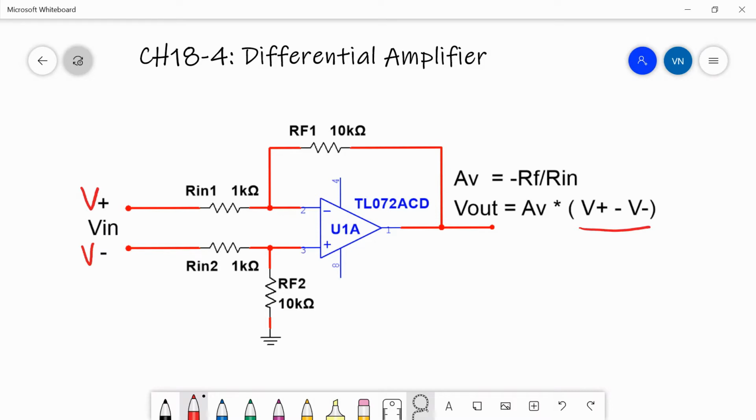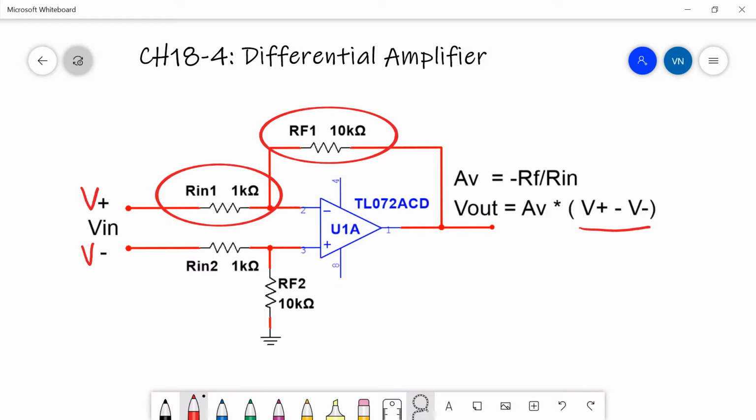The gain factor is determined by the resistors. To figure out the gain, you take one of the feedback resistors and divide it by one of the input resistors. So the gain would be RF over Rin. There's a special case here: this only works if the feedback resistors are the same value and the input resistors are the same value.